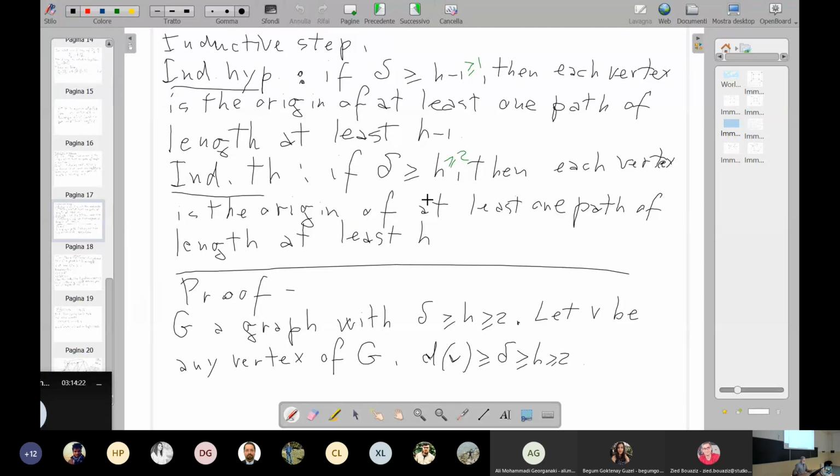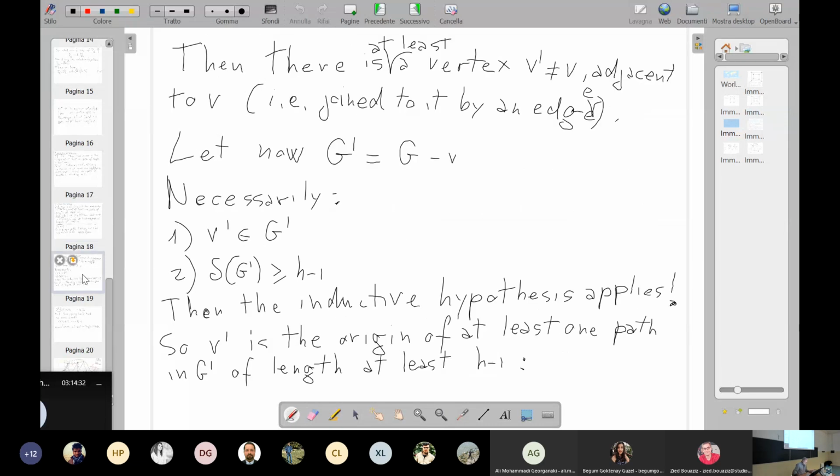So now I have a graph with a small delta greater than or equal to h. Take any vertex. Okay. Take it away. You're left with another graph in which what do you have? You have that small delta is exactly in the situation of the inductive hypothesis. Okay, you cannot say it is greater than or equal to h.